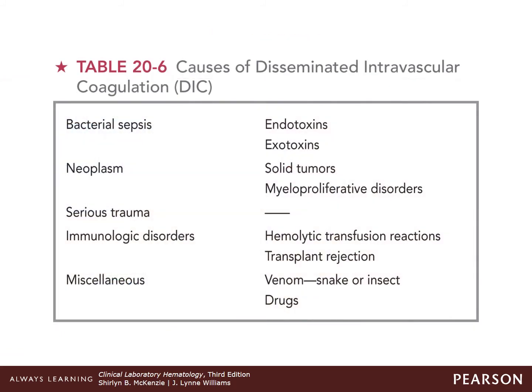Okay, so the last group under the MAHA umbrella is disseminated intravascular coagulation. This is a complex thrombohemorrhagic condition that normally disrupts the coagulation process. The causes are bacterial sepsis, neoplasms, serious types of trauma, immunological disorders, and miscellaneous causes such as snake or insect venom or particular drugs.